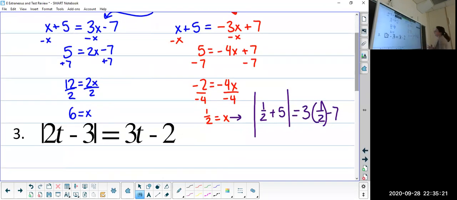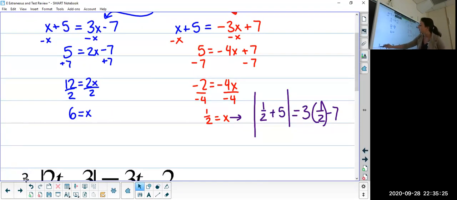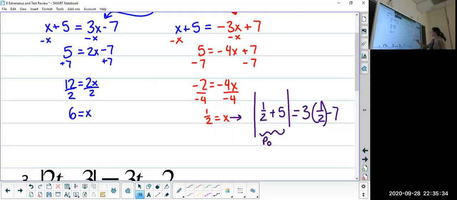Now, here's the beauty of these problems. Your absolute value on the left, 1/2 plus 5, will always come out to be positive because it's inside absolute value. So I'm just going to leave that be and say I know it's going to be positive. Over here on the right, I'm looking at 3/2 minus 7.